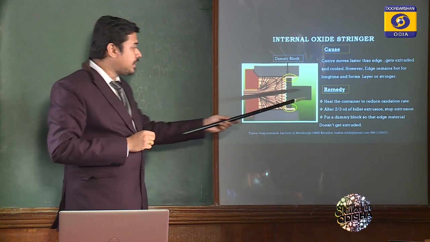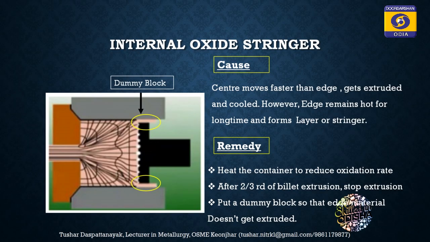What is the remedy of it? Remedy is to heat the container so that we can maintain uniform temperature throughout the cross section, so that the rate of oxidation will be reduced. Number 2, what is the thumb rule? After 2/3 of the billet is extruded, stop the extrusion.